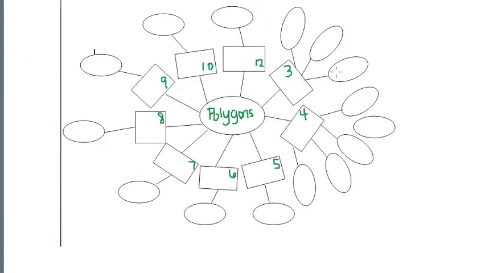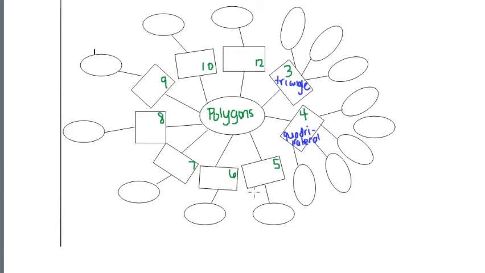A 3-sided shape is a triangle. A four-sided shape is called a quadrilateral. Quad means four.